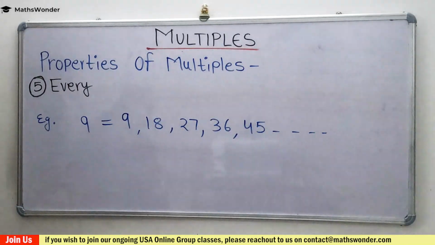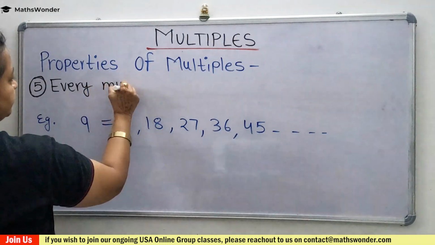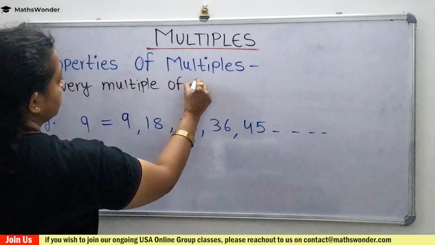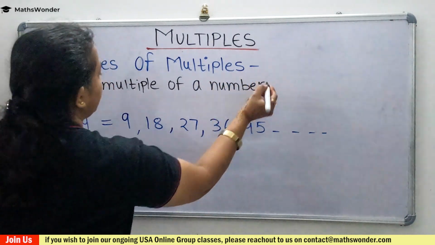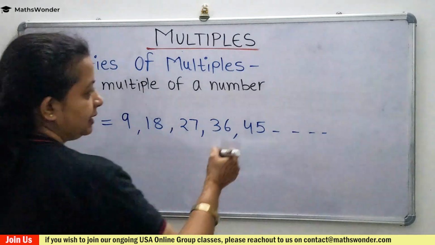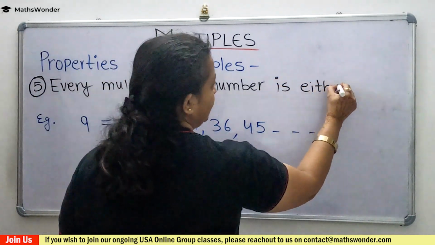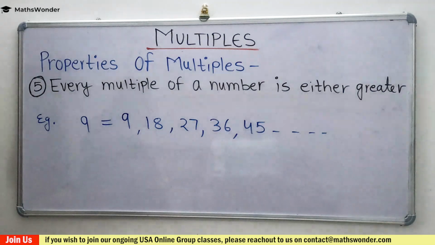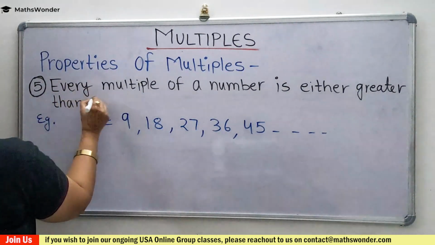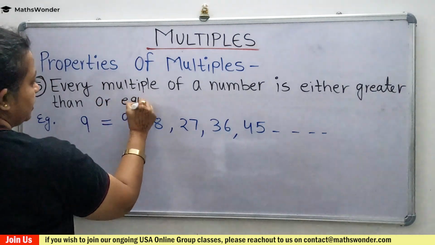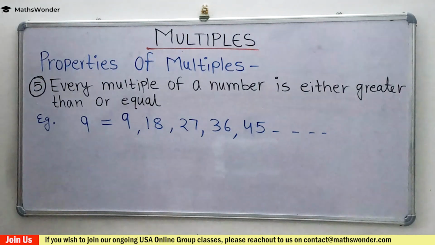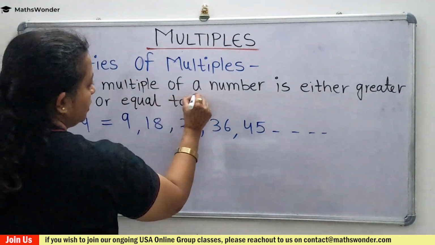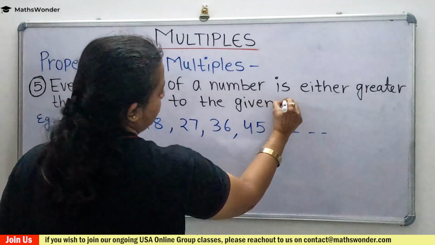So the last, fifth property is every multiple of a number is either greater than or equal to the given number.